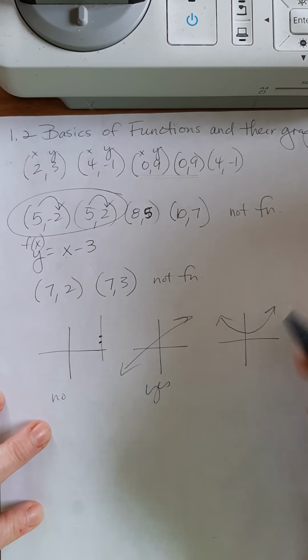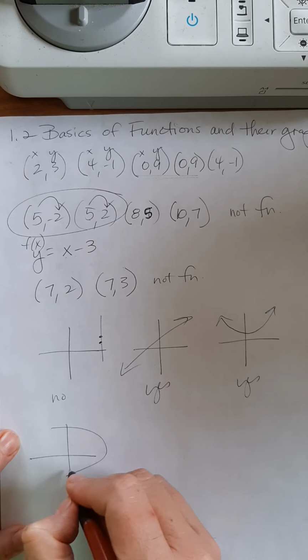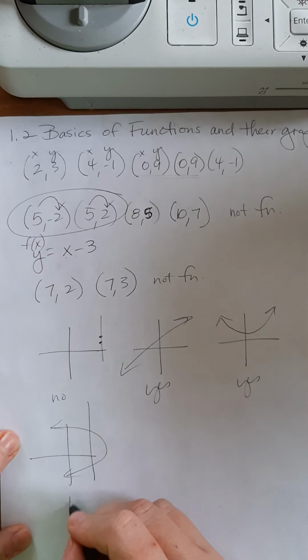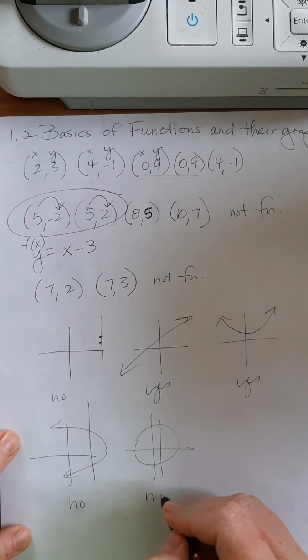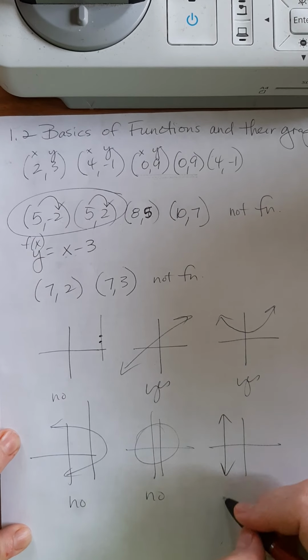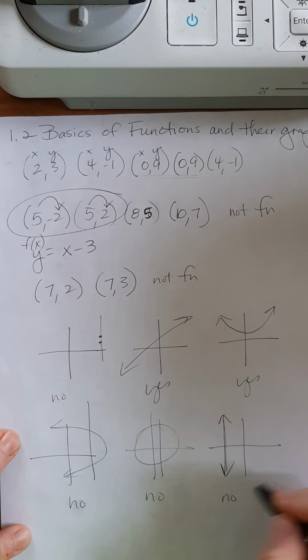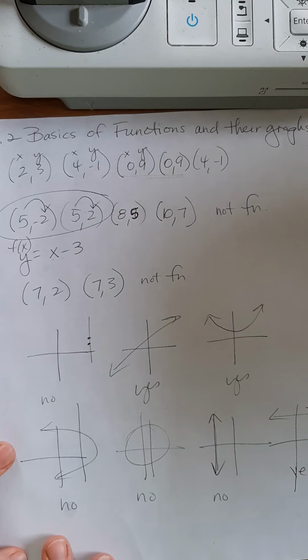Parabolas, up or down, you're good. Now, if you had a sideways parabola, no. If you had a circle, no. If you had a vertical line, no. Horizontal line, yes. So that's the vertical line test.